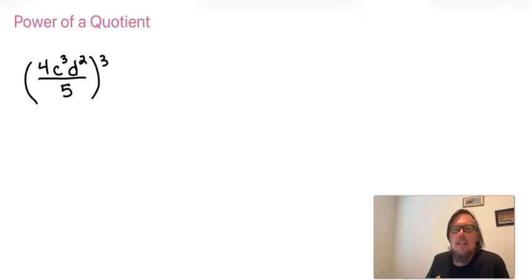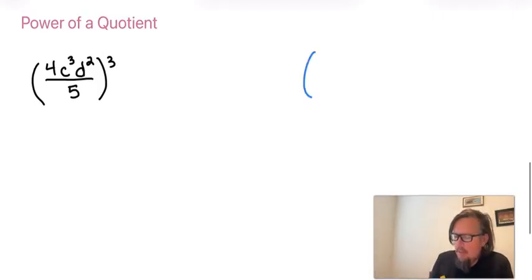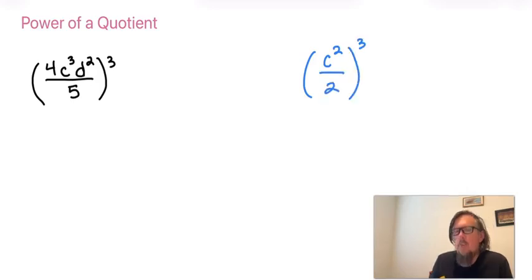And if you remember the power of a product, this is exactly the same. If you have something inside parentheses that's raised to a power, what this means is that you take the thing in parentheses and multiply it by itself that many times.